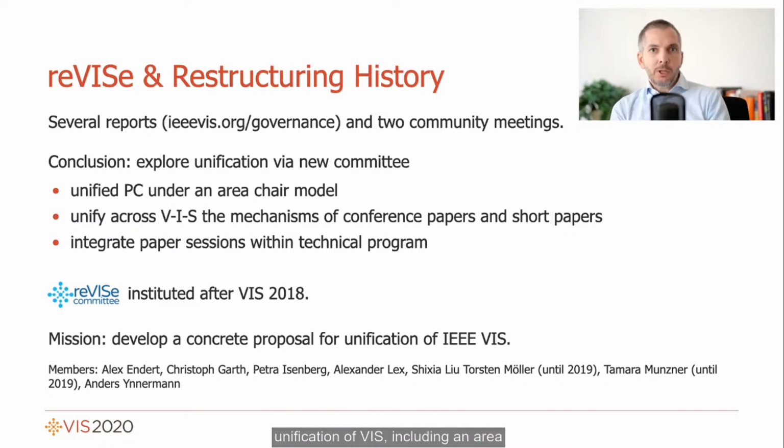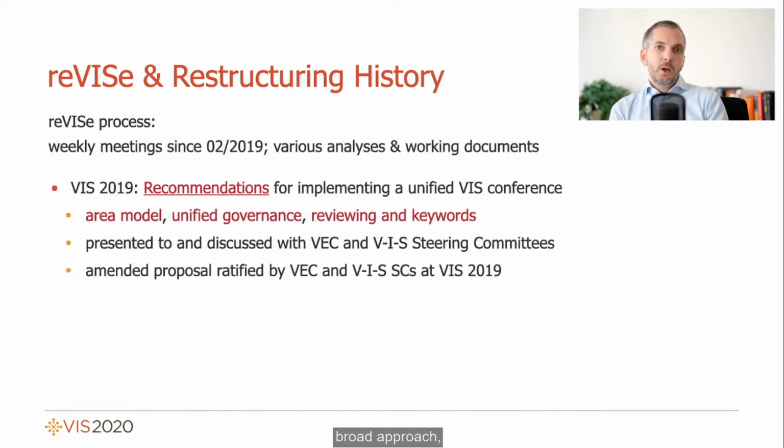The VIS Executive Committee then took up this idea and instituted a second committee, reVISe, in 2018 to develop a specific proposal to implement unification of VIS, including an area model that replaces the VIS conferences, a unified mechanism for handling papers, and an integrated program that addresses the full scope of topics represented at VIS. Consequently, reVISe began working towards such a proposal in February 2019.